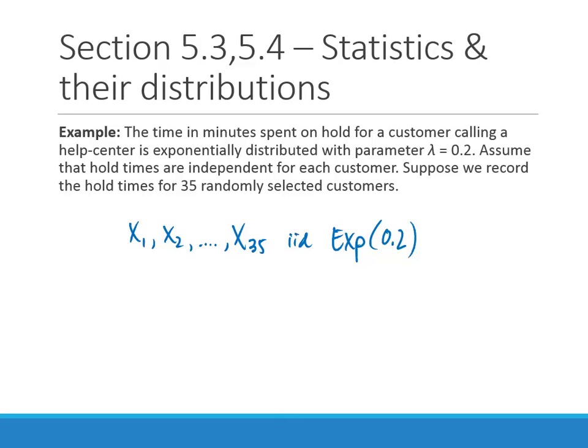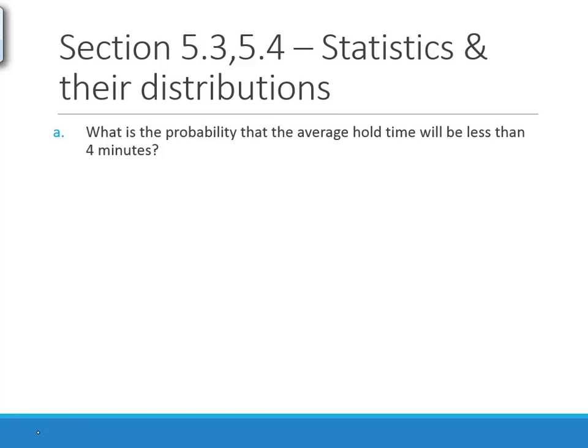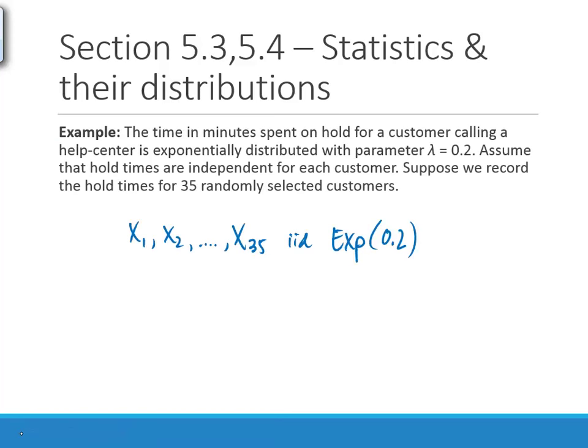Okay, so what we're asking, we want to know the probability of something about the average hold time. So we'll need to know what the expected value and variance of each one of these random variables is. Do you guys remember what the expected value of an exponential distribution is? In terms of lambda is fine. 1 over lambda, exactly. So 1 over lambda here, 1 over 0.2, which is 5.